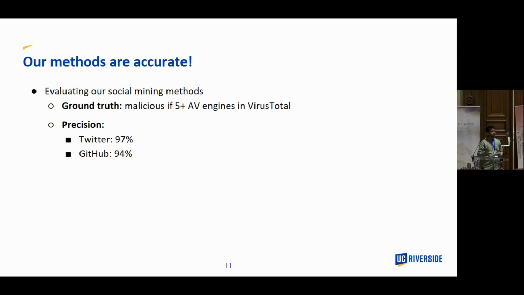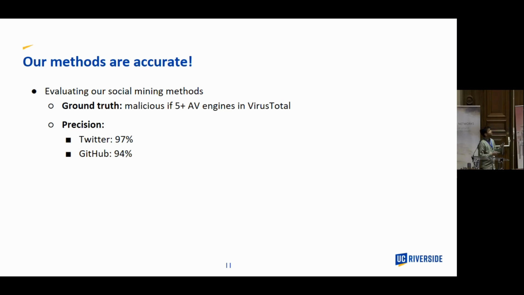Note that VirusTotal also has some delay in incorporating this information. So even if we find it in the first place, VirusTotal may mark it malicious later. So we periodically probe VirusTotal to get the report about these findings.